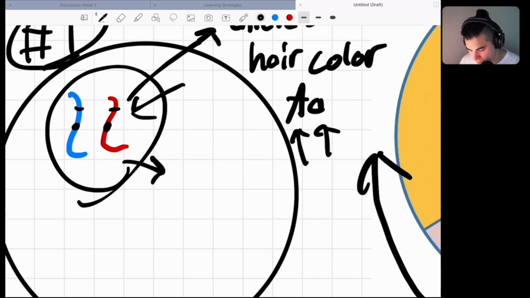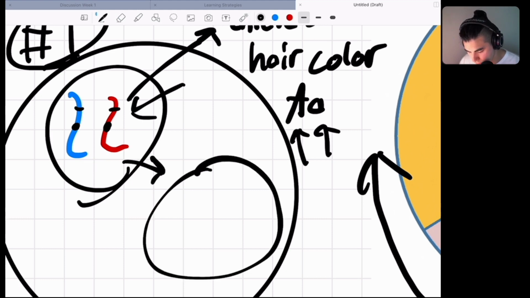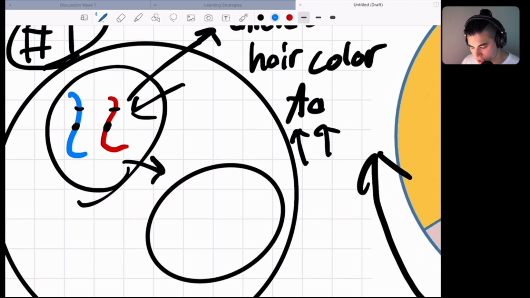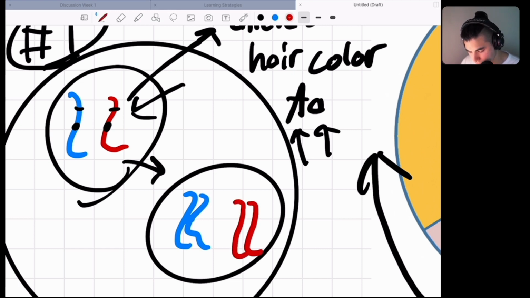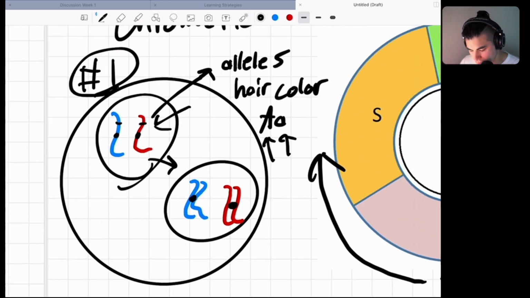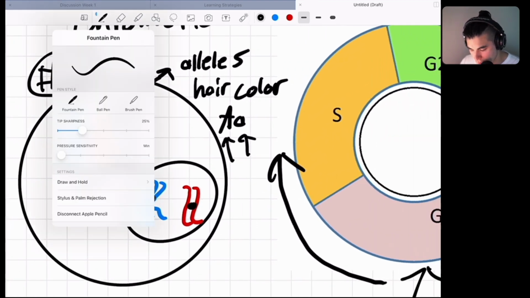I have to copy this DNA. What is it going to look like after it's been replicated? You can pause here. Okay, it's going to look something like this.